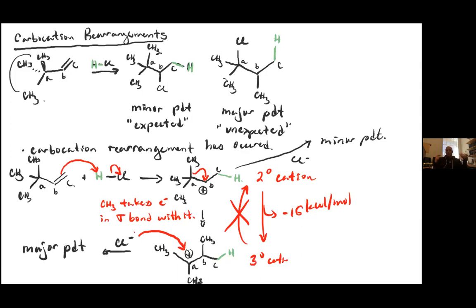And so these types of bimolecular processes are generally slower than a unimolecular process, and so the rearrangement can occur. The other thing helping speed this up is just the reactivity of that secondary cation. It's so full of energy, it just wants to lose energy, and so it's very easy for it to do this shift.